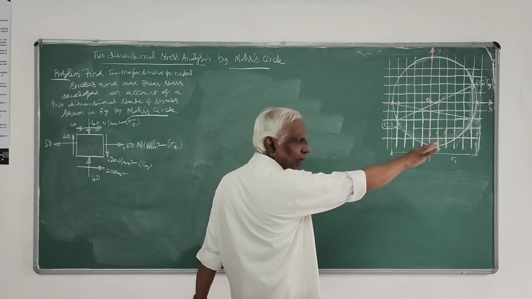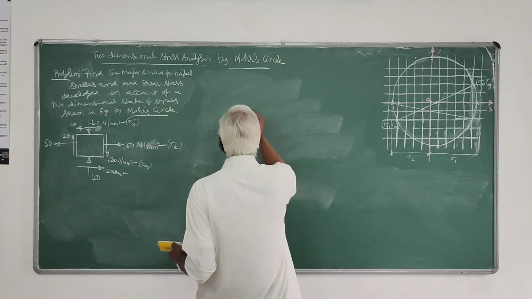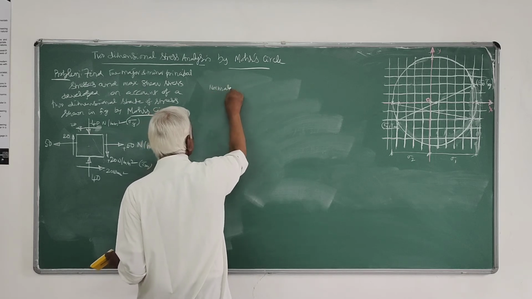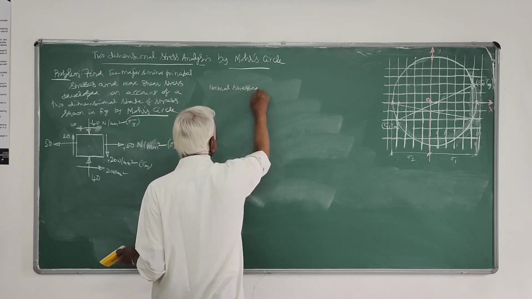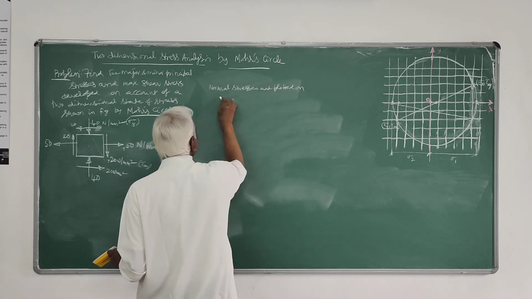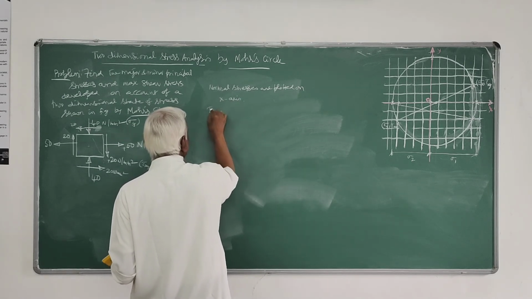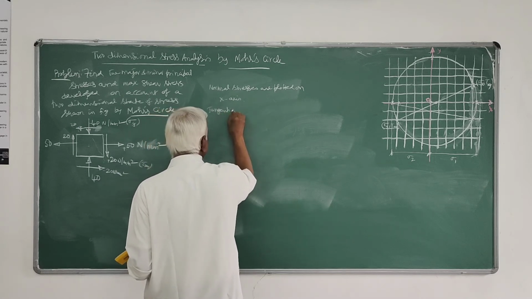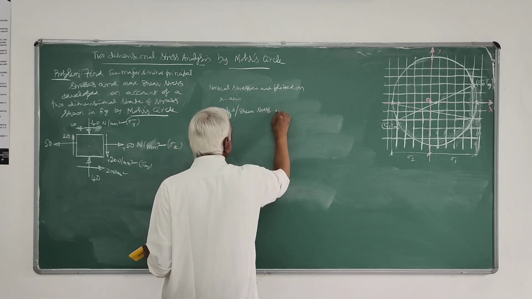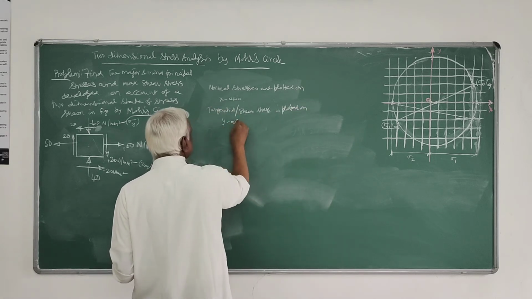All normal stresses we plot along the horizontal direction. So in Mohr circle, that's what you have to do. Normal stresses are plotted on the x-axis, and tangential or shear stress is plotted on the y-axis.